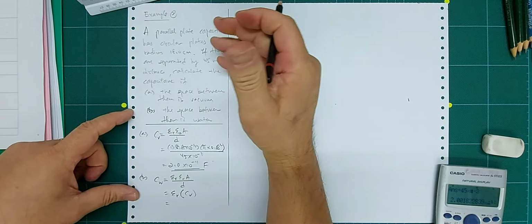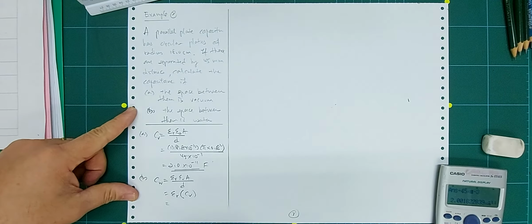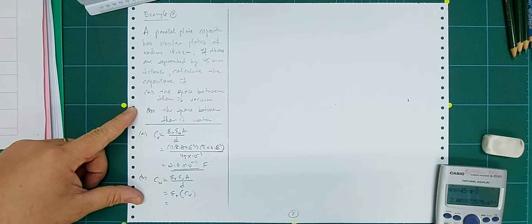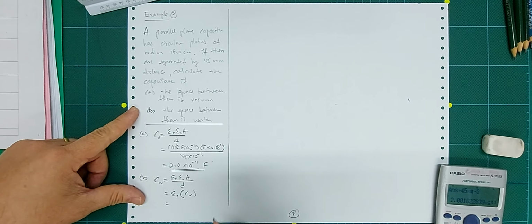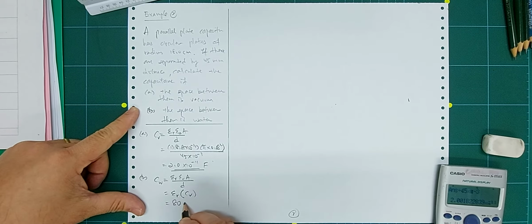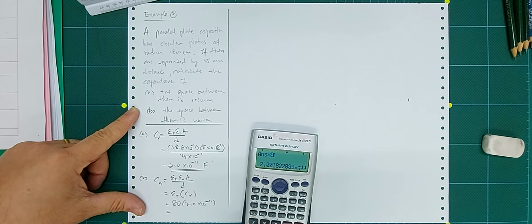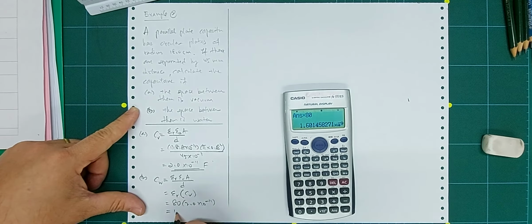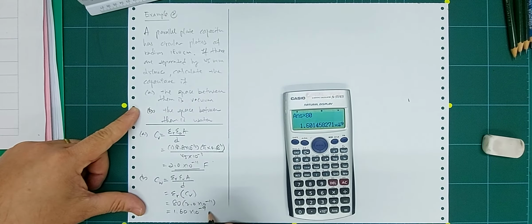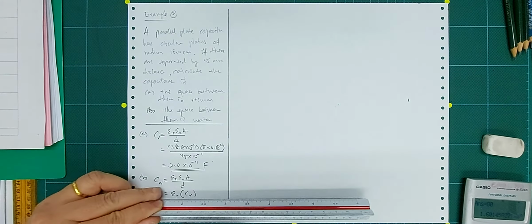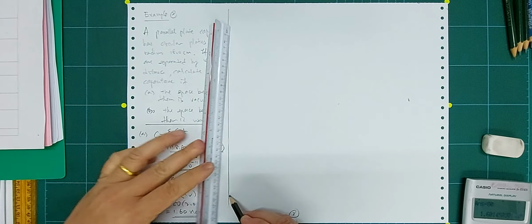So if you know the vacuum value of the capacitor, then you can calculate the rest by multiplying by epsilon R. Of course, for water we know it's 80 times, so 80 times 2.0 times 10 to the power -11. So now you're going to get 1.60 times 10 to the power -9 farad. So 80 times because you put water in between.